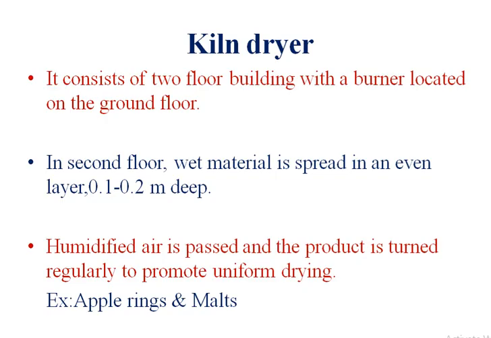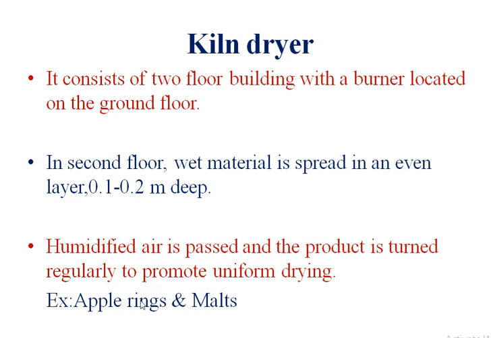Next dryer is the kiln dryer. It consists of a two-floor building with a burner located on the ground floor. On the second floor, the wet material is spread in an even layer, 0.1 to 0.2 meter deep. The humidified air is passed and the product is turned regularly to promote uniform drying.